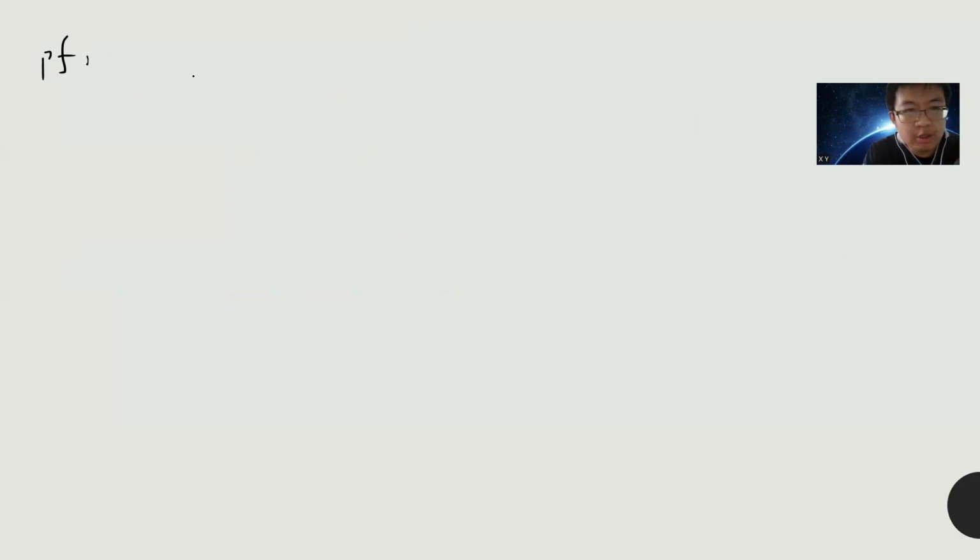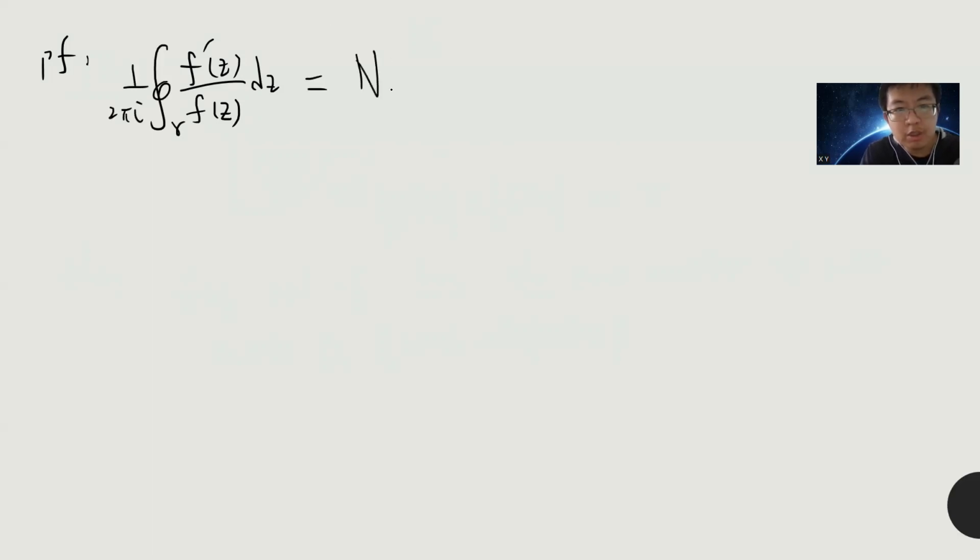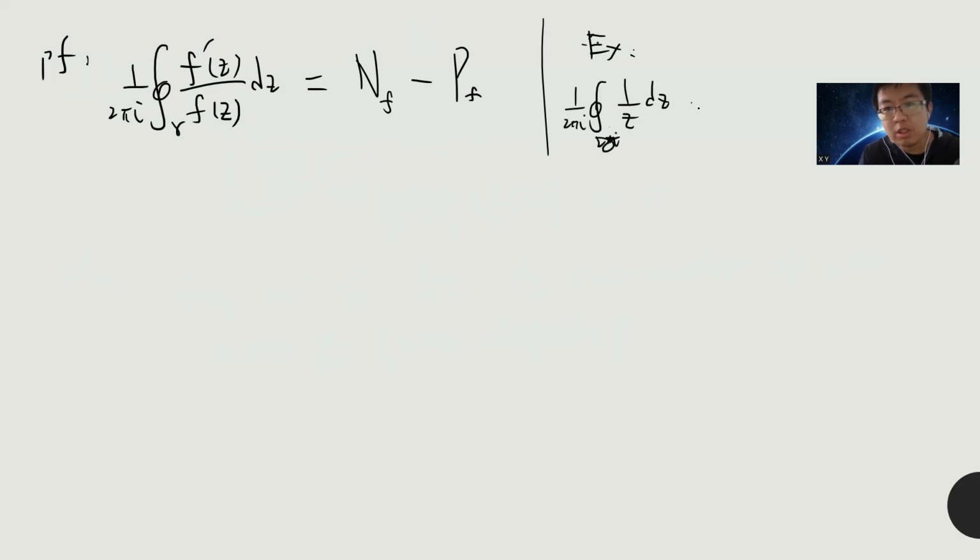The argument principle basically says this: if you take a meromorphic function f, take the integral of f prime over f along a simple closed curve, divided by 2 pi i, this will be the number of zeros of f minus the number of poles of f. A simple example is the so-called winding number. If you take the integral of 1 over z over gamma divided by 2 pi i, with a simple closed curve enclosing 0, you get a pole, right?